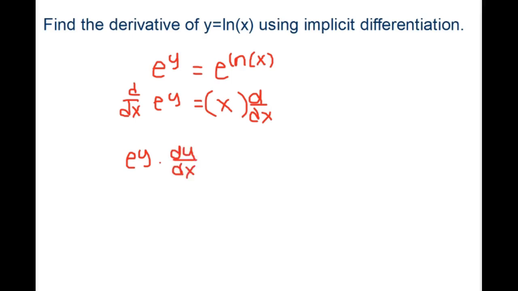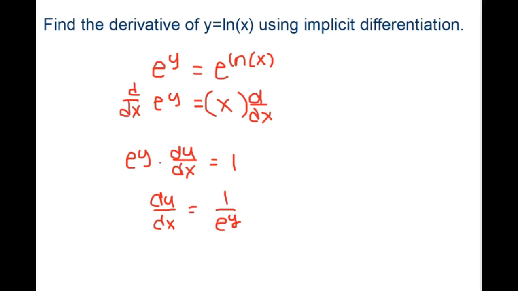So e to the y dy dx equals the derivative of x, which is 1. Solving for dy dx, we get dy dx equals 1 over e to the y.